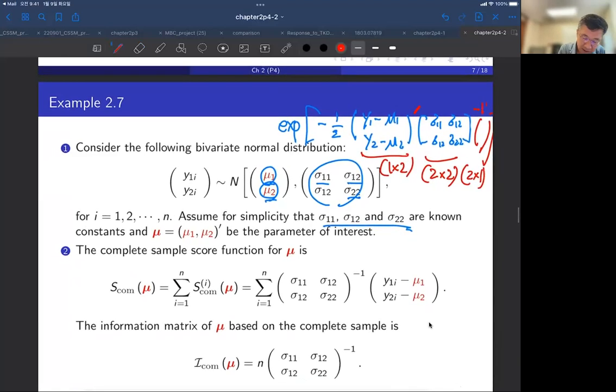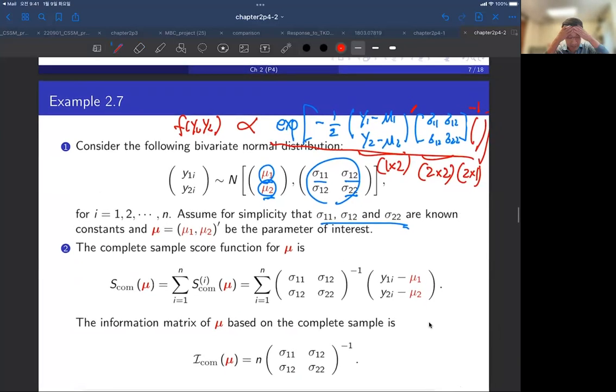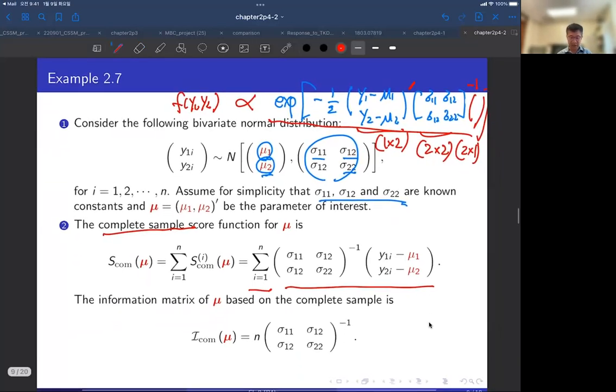So that is the density f of y1, y2, which has this part inside the exponential function, and then we take the log and take the partial derivative, then we get this one as the score function, and then we have a summation. So on the complete sample, the score function is straightforward, and if you take the partial derivative with respect to mu and take the negative, then you get this one.